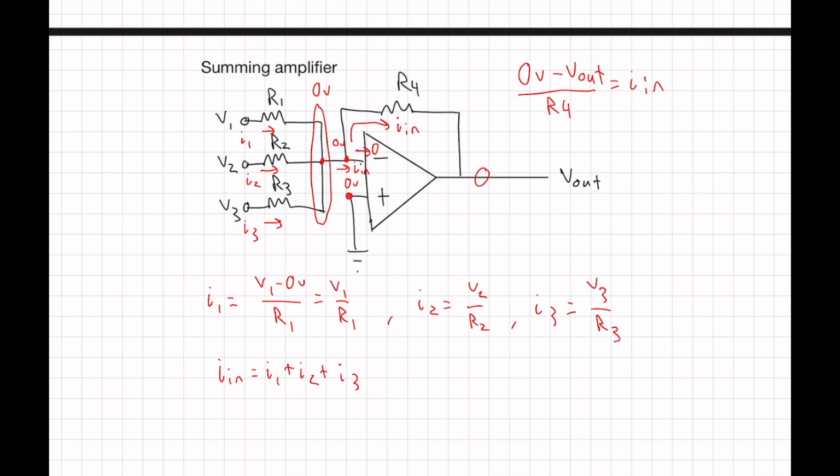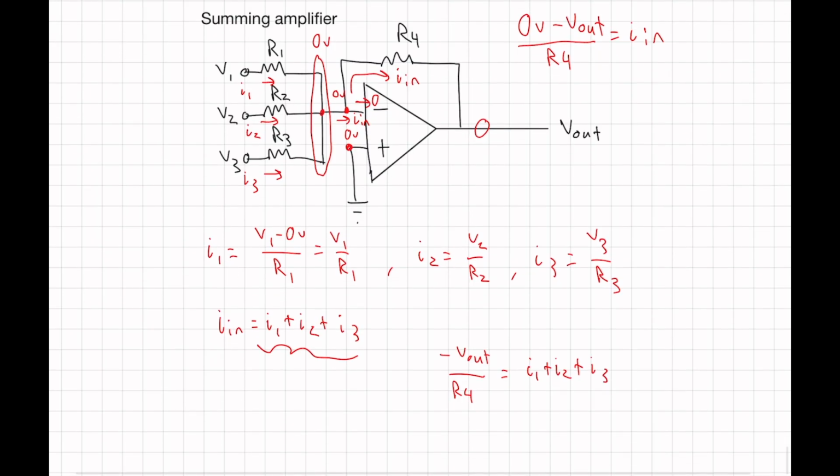And we have our I in equation here. So we have negative V out over R4 equals I1 plus I2 plus I3. And remember, we solved that those are going to be V1 over R1, V2 over R2, and V3 over R3.